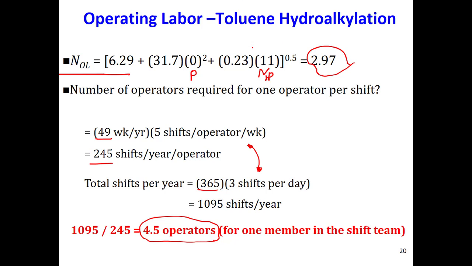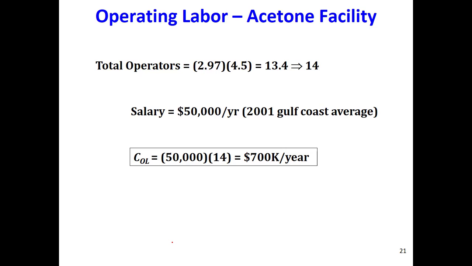So we know that we need this many operators per shift, and for each of those operators over a year we need this many. So the total operators that we need over a year is 2.97 times 4.5, which gives you 13.4, that you can round to 14.